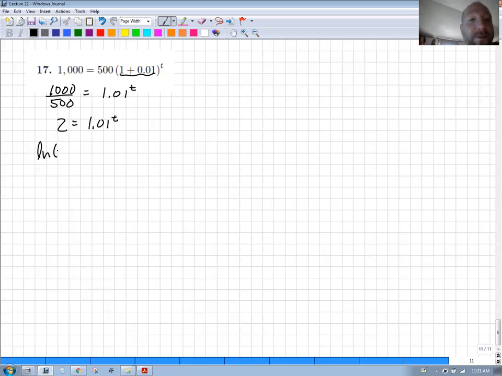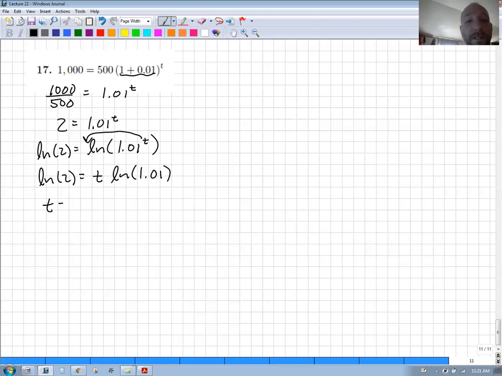I prefer natural log. And that allows us to take the t out. So natural log of 2 was t times natural log of 1.01. So t is the natural log of 2 over the natural log of 1.01.